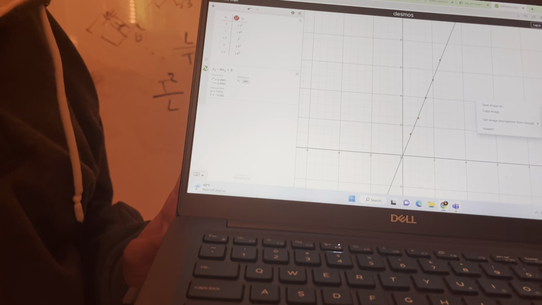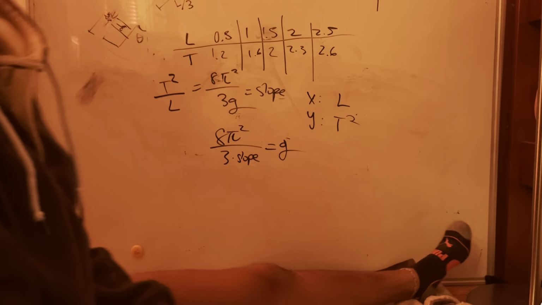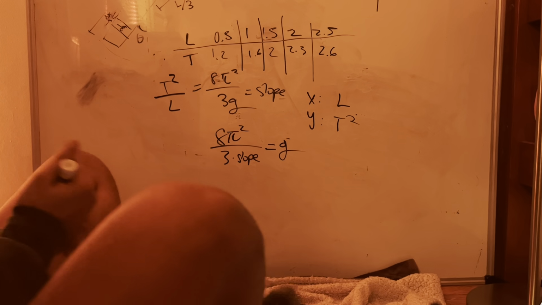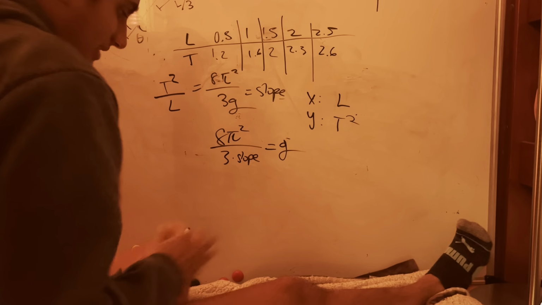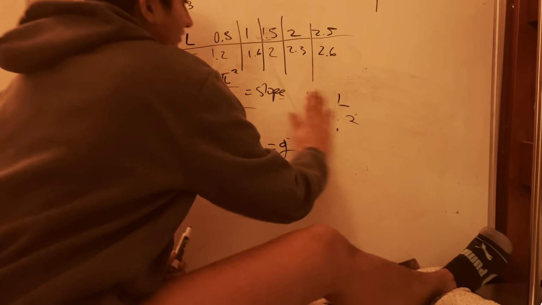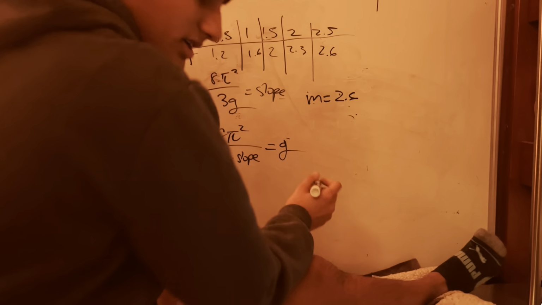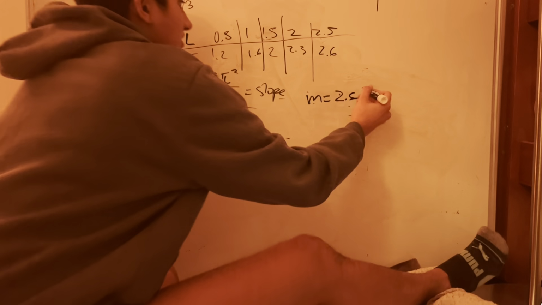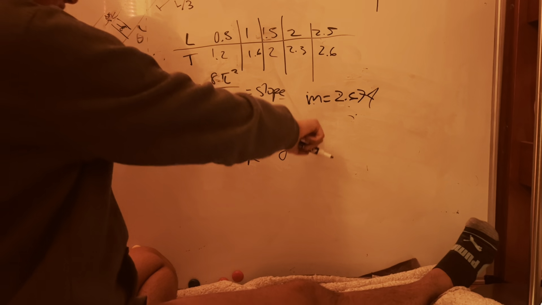and the slope that it gave was 2.674. And so part E asks us to calculate g based on the slope. So we found in the graph that m is equal to 2.674. And so basically we just have to plug that into this.